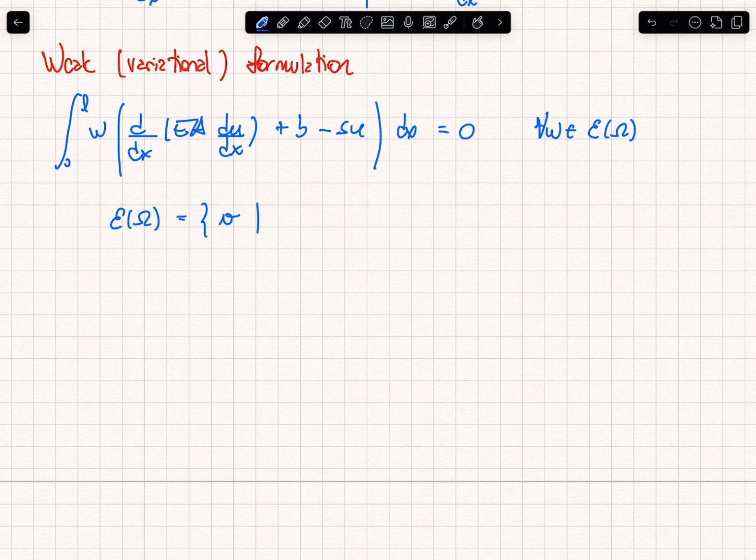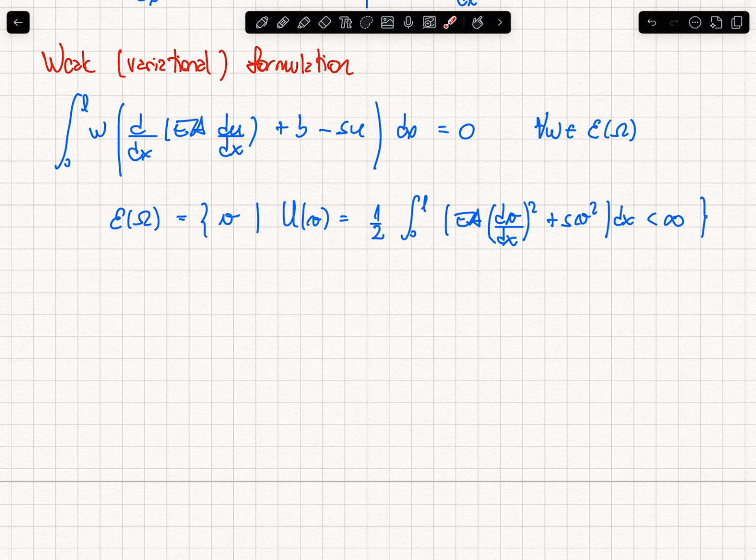So the set of functions V such that U of V, which is defined as my energy for the bar, is 1/2 of EA (dV/dx) squared plus S V squared. That's a set, right? What we have here, this quantity, is my strain energy.